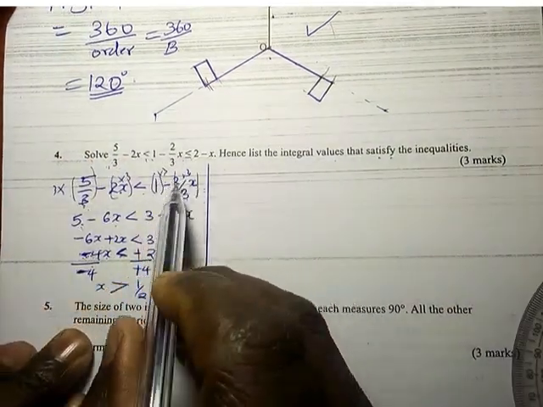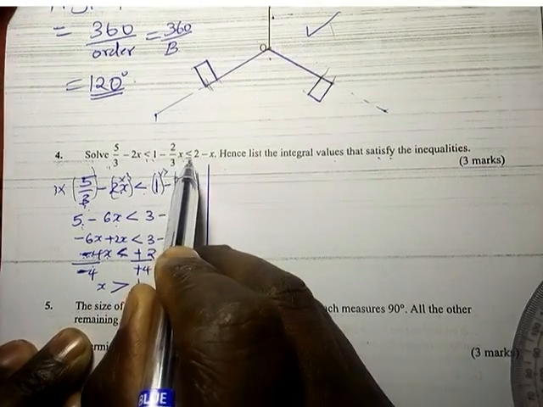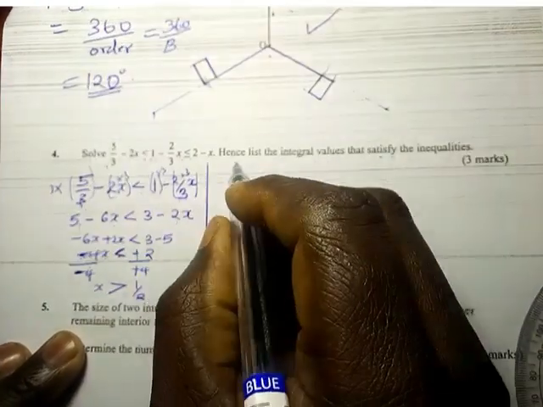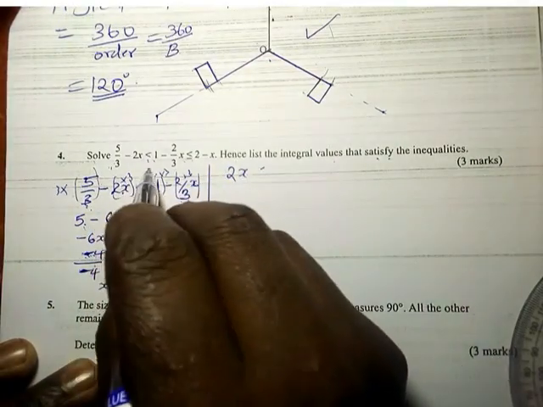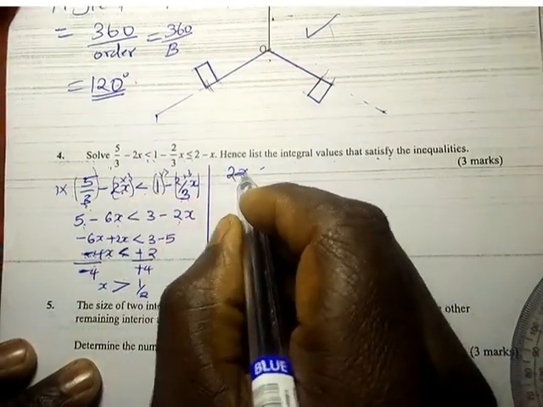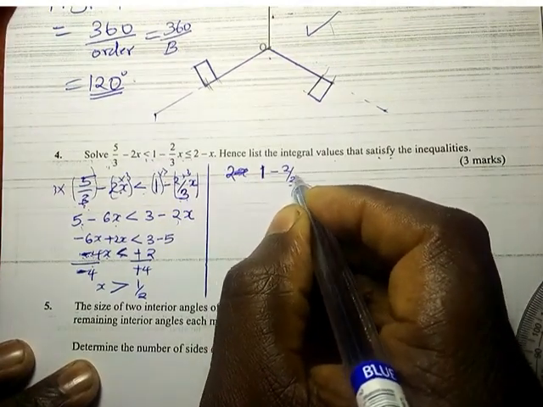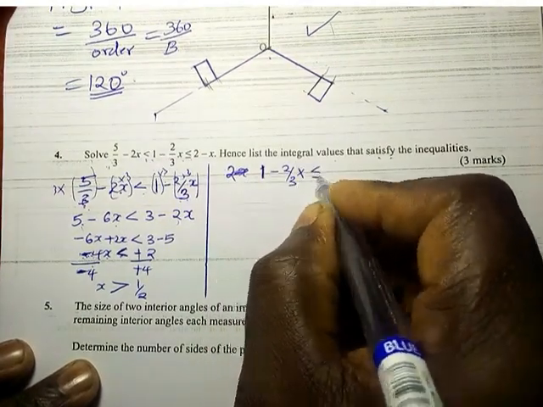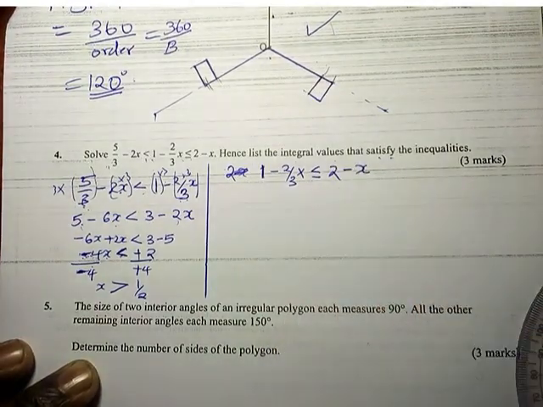Sasa tunachukua the second part. The second part ni kuanzia hapa mpaka hapa na hapa mpaka hapa. So that is now 2x. Sorry, not 2x. 1 minus 2 over 3x is less or equal to 2 minus x.